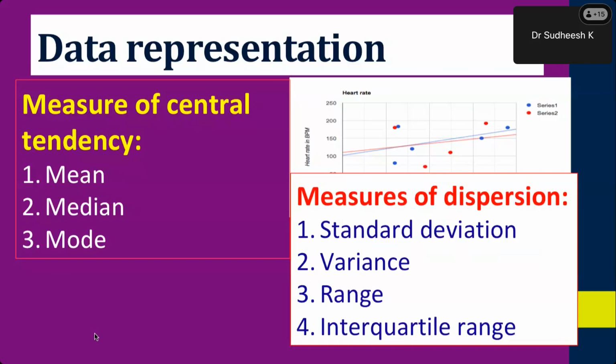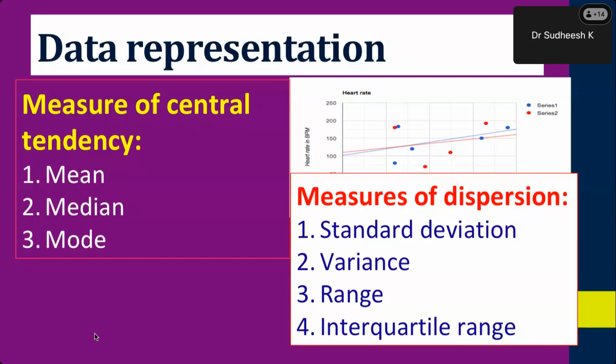It means that 67% of the values lie between 37 minus 2.5 and 37 plus 2.5. 37 minus 2.5 is 34.5 and 37 plus 2.5 is 39.5. So 67% of the values of this particular set of patients lie between 34 and 39, which is explained by the measure of dispersion.